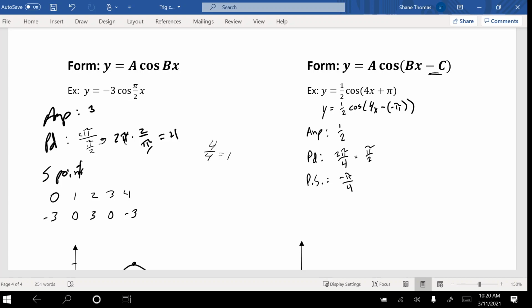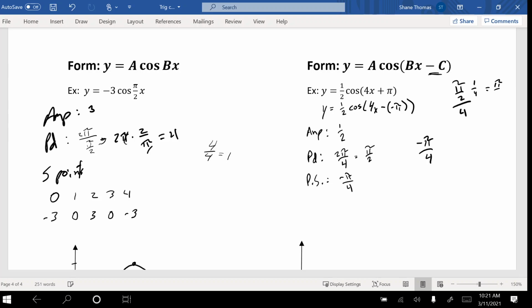All right. Now, 5 points. First point is going to be negative pi over 4. That's what my phase shift was. So I'm going to start at negative pi over 4. I have to add a quarter period every time. My period is pi over 2. I have pi over 2 over 4, so I end up multiplying by 1/4.